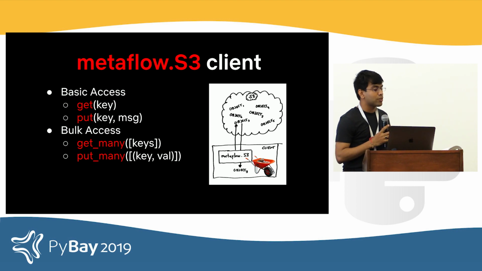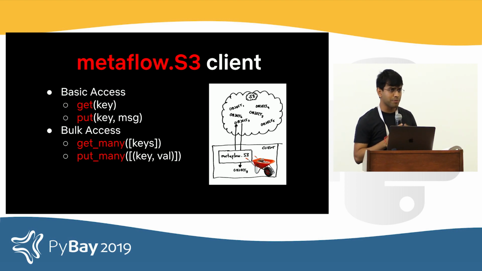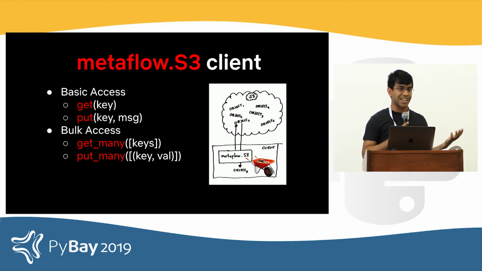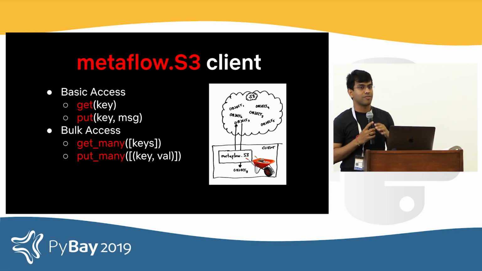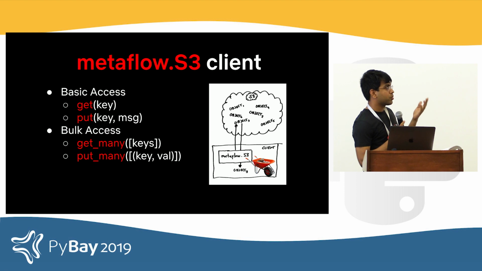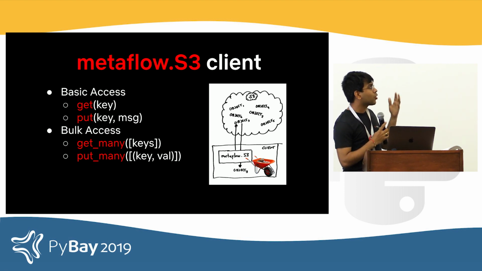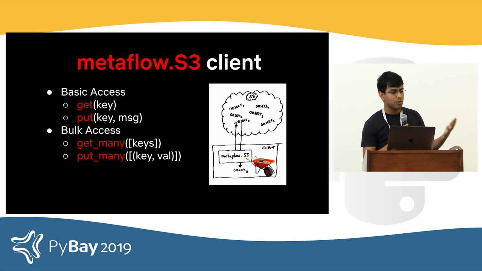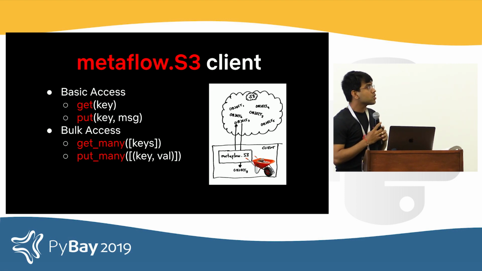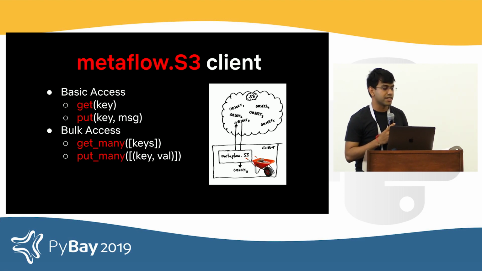To achieve this high throughput, though, and to make it really easy for our users to access S3, we ended up writing our own client on top of libraries like Boto to talk to S3. Our client obviously provides some of the basic access to let you get objects, put objects with some value, but also models good concurrency design by allowing bulk access like get many and put many.